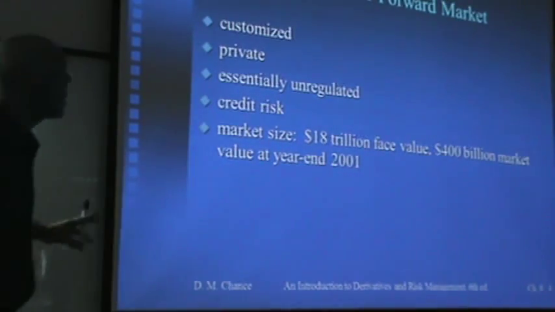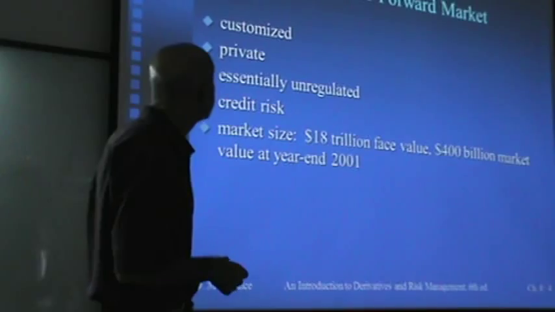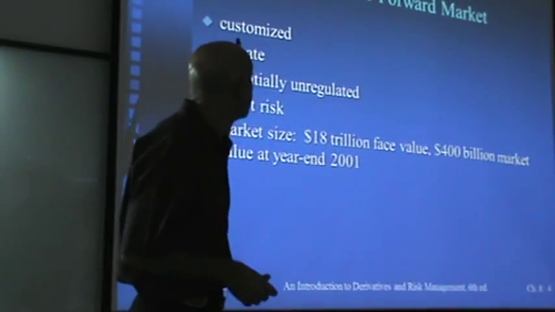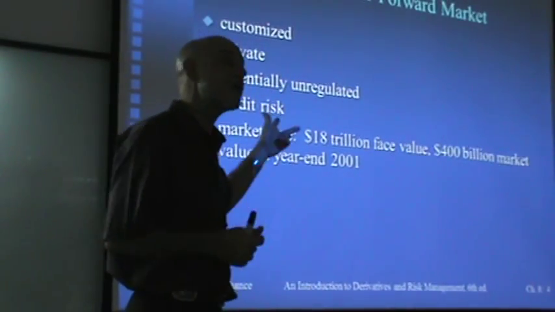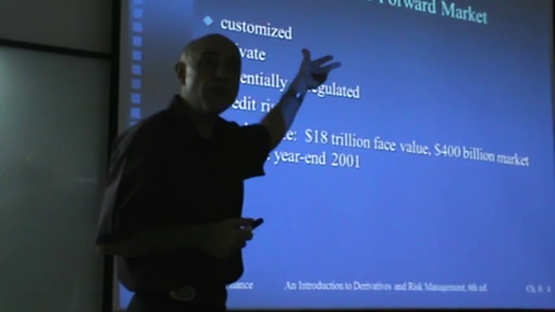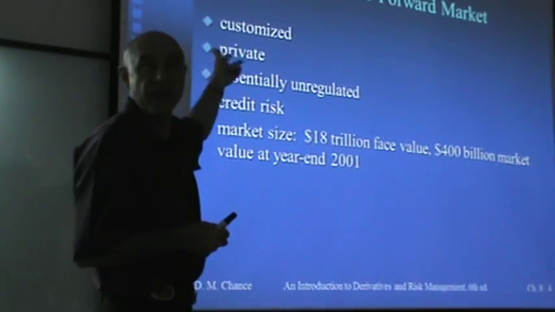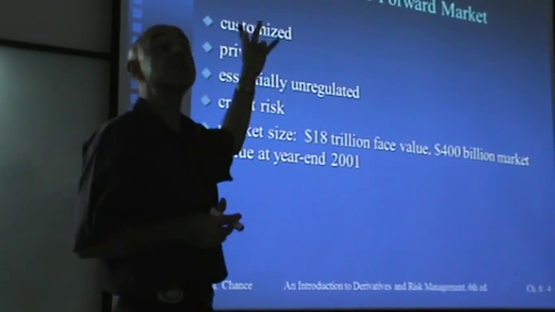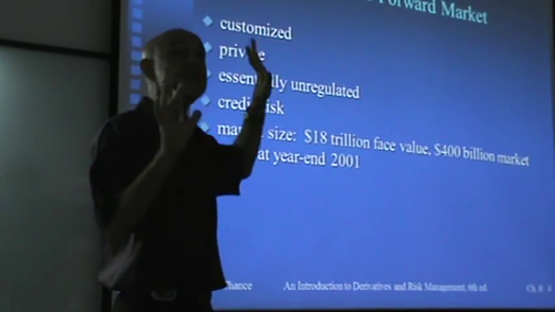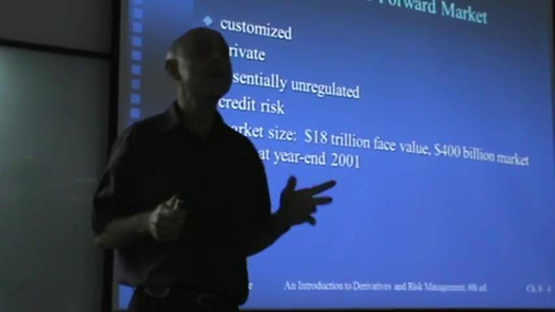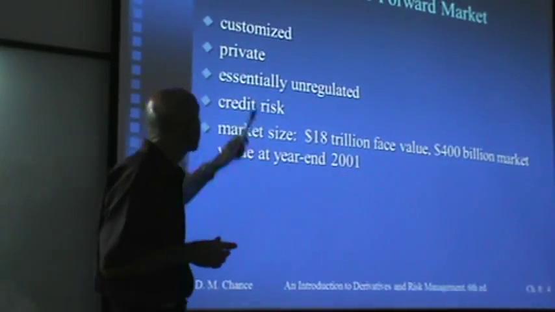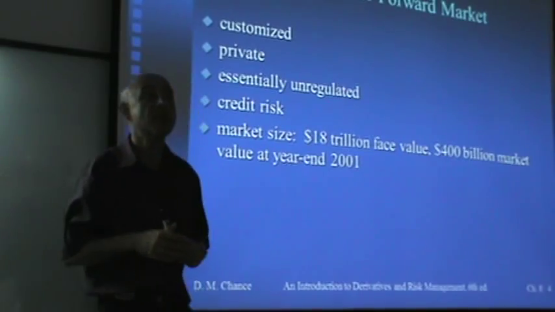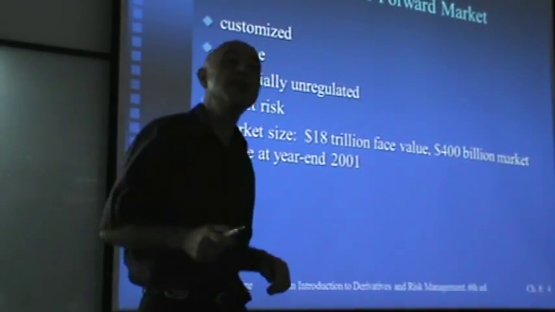So, what are the main characteristics of over-the-counter forward market? So, over-the-counter means forward. If it's forward market, it is over-the-counter, okay? So that's very clear. If it's futures and it's an exchange, that's simple to remember. The first most important characteristic is that it's customized. You need the contract for 20 million, no problem.